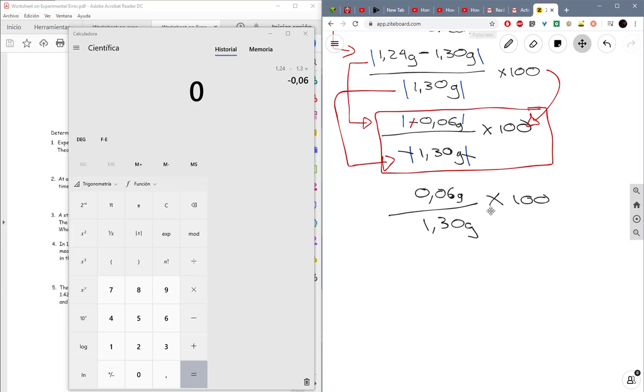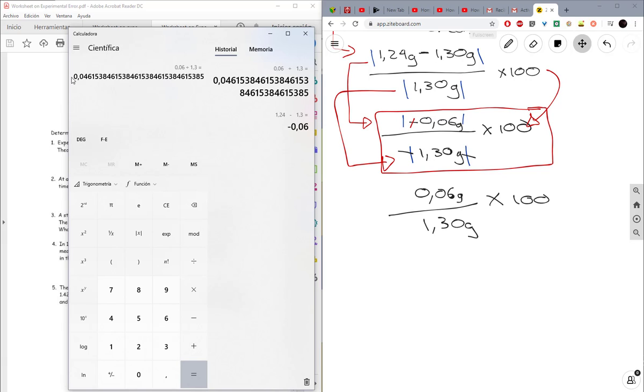We have to make this division. 0.06 divided by 1.30. Something is happening. Let me do it again. 1.2, sorry. 0.06 divided by 1.30.